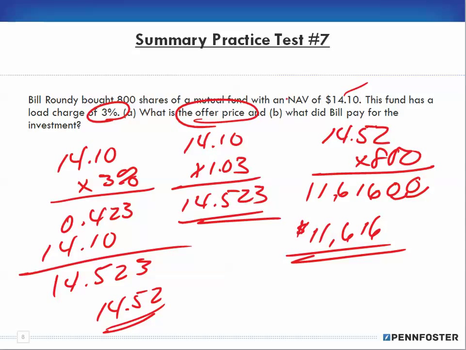Okay, real quick, because this problem was asking for something different, because we really didn't talk so much about what the price is. The net asset value of 14.10 is the price of the mutual fund, but remember, that's over that basket of shares. In this particular book, you're not going to get into that nitty-gritty detail. You may be asked to calculate the net asset value, and let's see here. Where was the one problem?